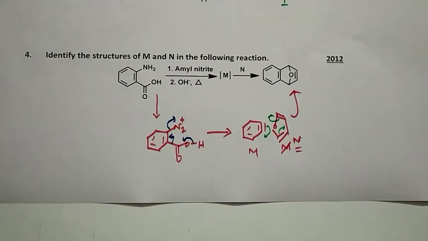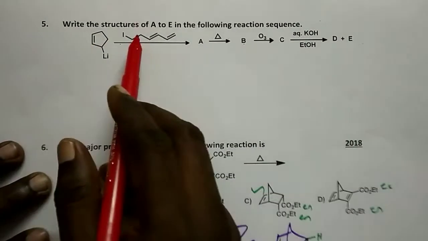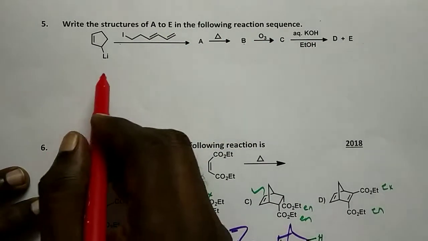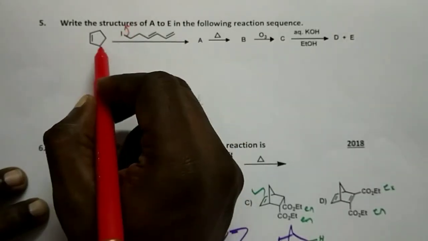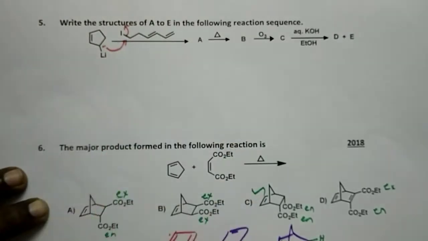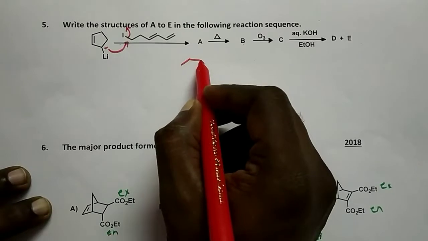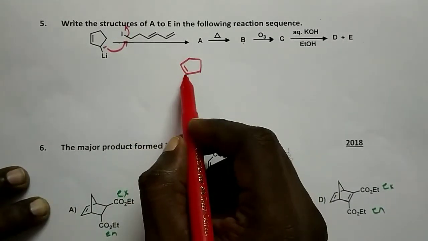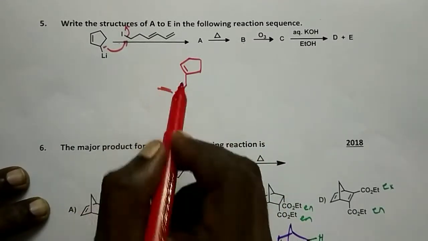And let us see the reaction. Write the structures of A to E in the following reaction sequence. What is A? Look at this. I goes away. Here it's the minus charge. It becomes an SN2 reaction. So what is A? 1, 2, 3.